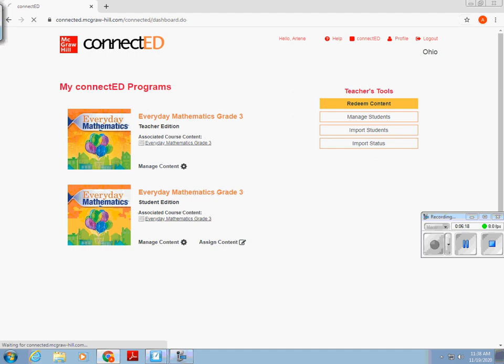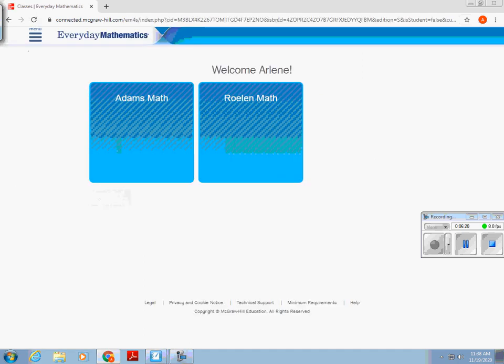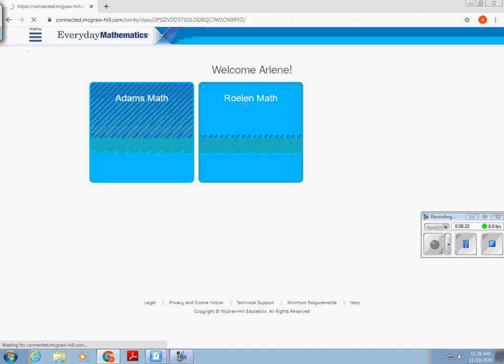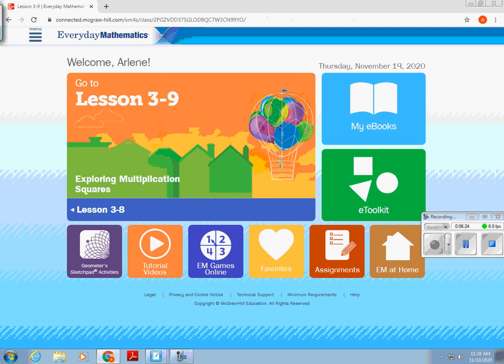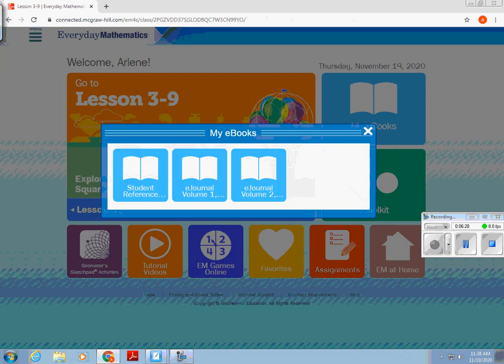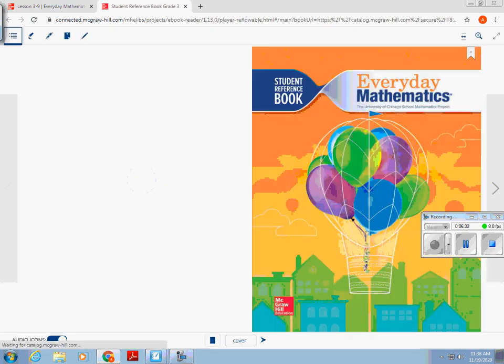Once you get logged in, you're going to get to this page. When you get to this page, go to my ebooks. And you've done this enough in class, you should know how to get there. Go to your student reference book, and then we're going to come down here. We're going to put the page number in.